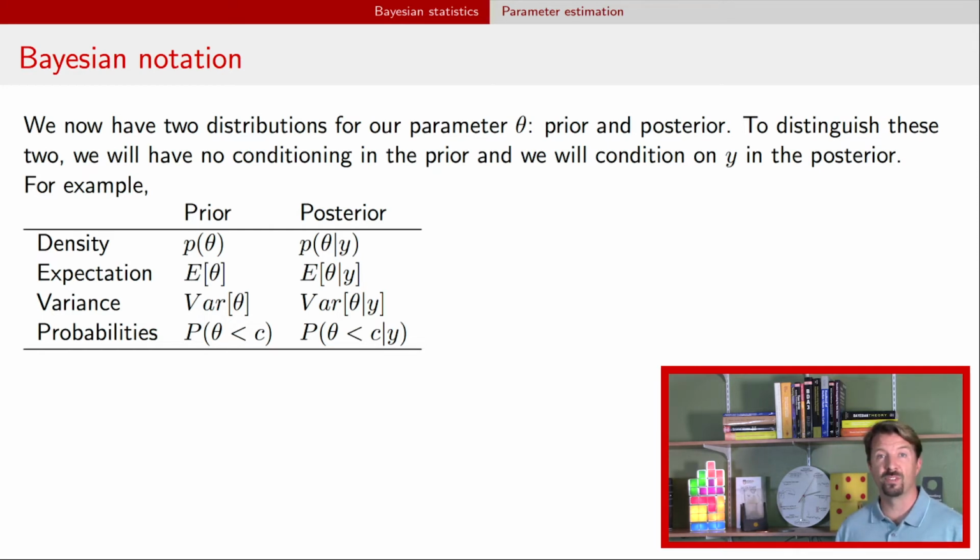We might be interested in a posterior variance. Well, that's going to be variance of theta given y. A prior variance is variance of theta. Right? We might be interested in probabilities. And when we condition on y, we're talking about the posterior. Otherwise, we're talking about the prior.